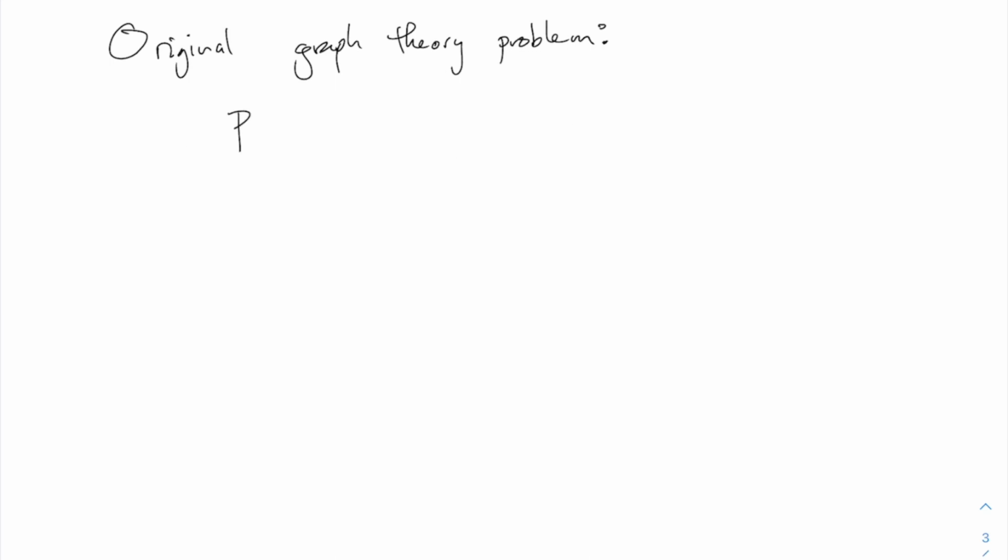It's called the 7 bridges of Königsberg. This was a city, and this was a math problem. Euler lived in this city, and this is kind of a true story, I guess.